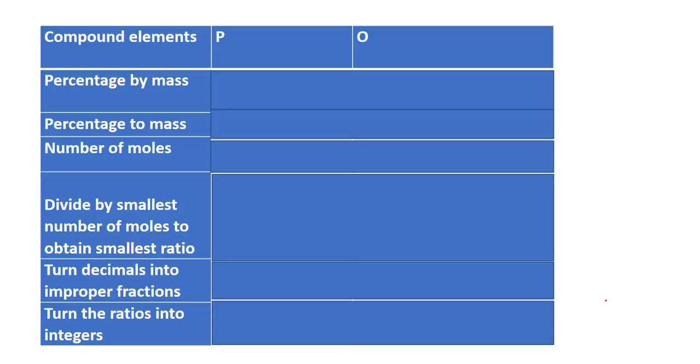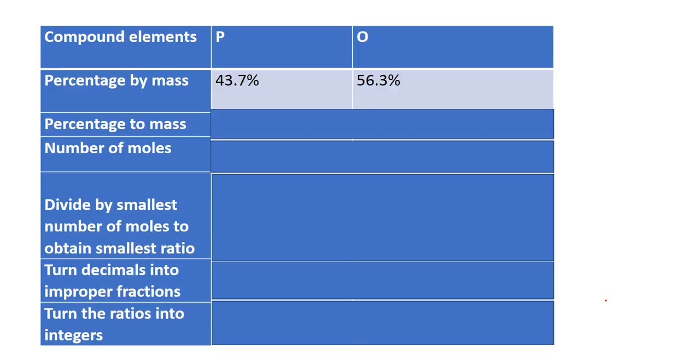How I will arrange a problem like this one, I will arrange the two elements, phosphorus and oxygen, the two elements found in our empirical formula. Then I'll give each one its percentage. So phosphorus is 43.7%, oxygen is 56.3%.